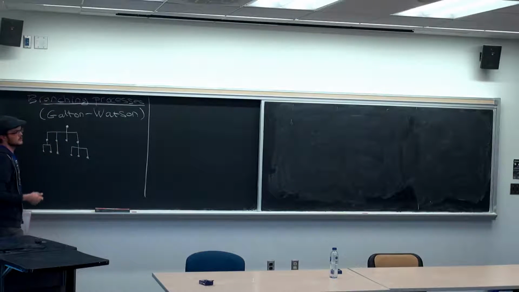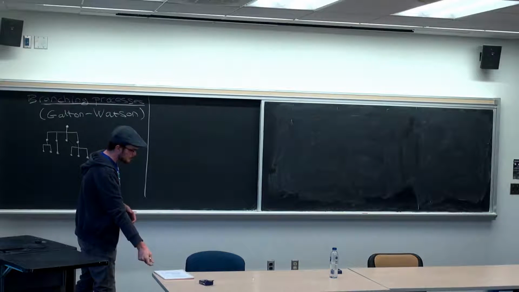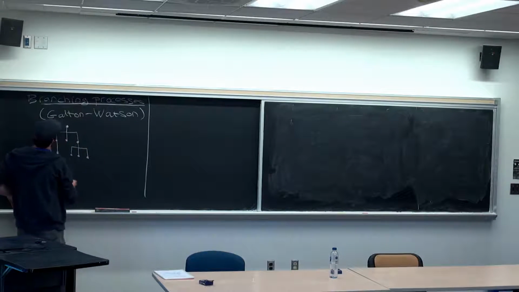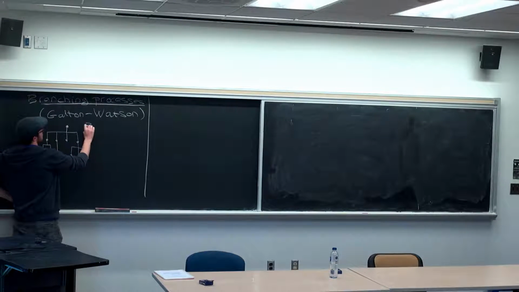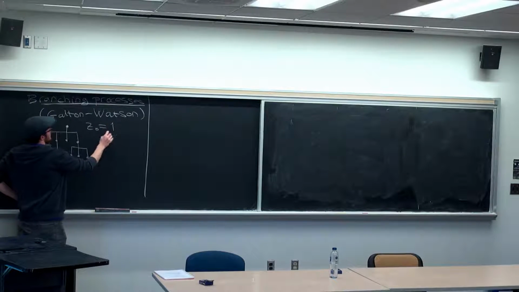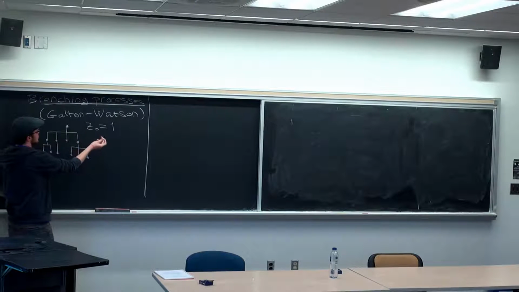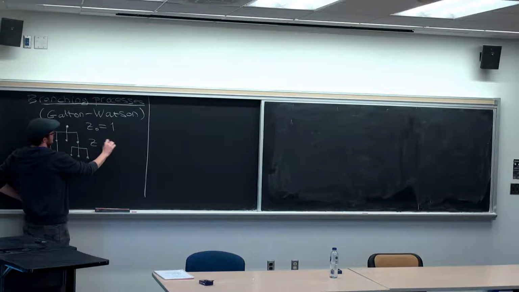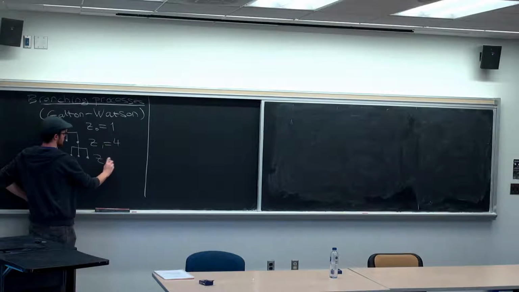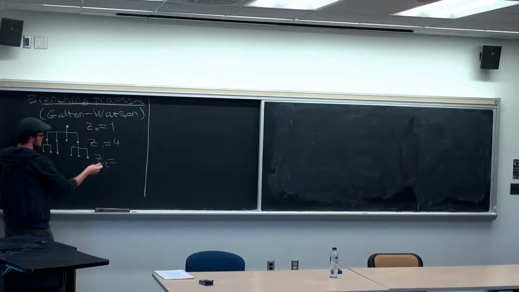It's possible that they don't give birth to any children. And so let's see, we're going to use Z for the number of individuals in a generation. So Z0 is 1, Z1 is 4, Z2 is 6.